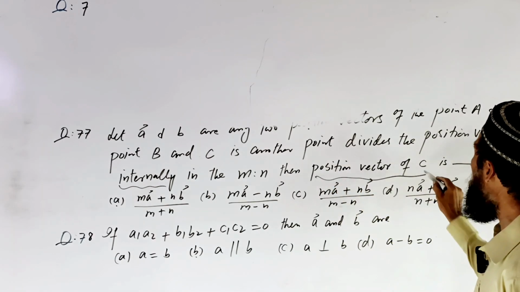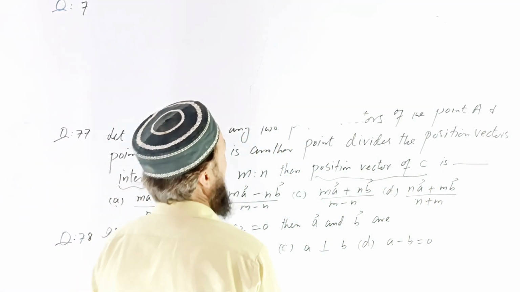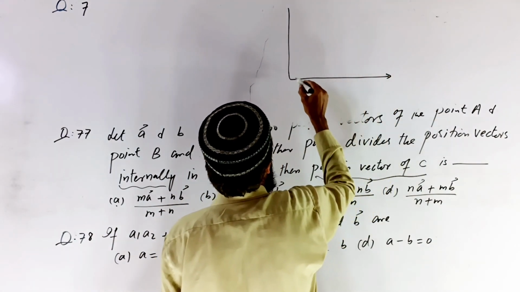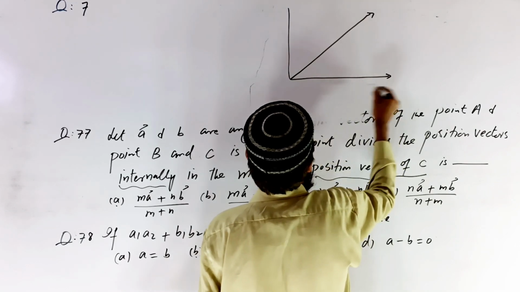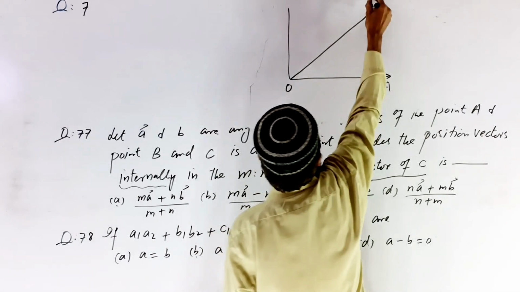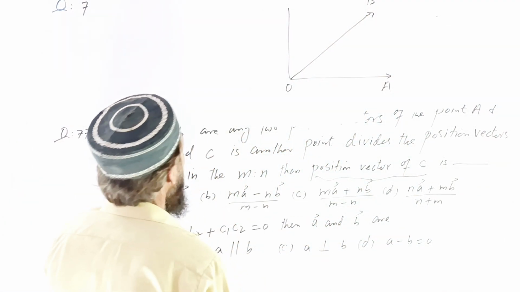What will be the position vector of C? So according to the question, we make the position vector here. For example, O is the origin, and A and B are the given points.